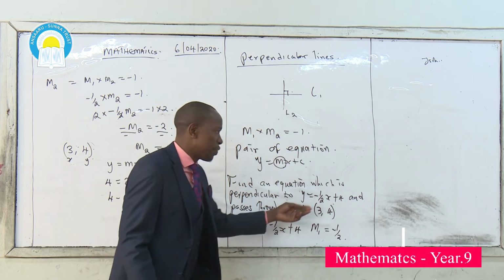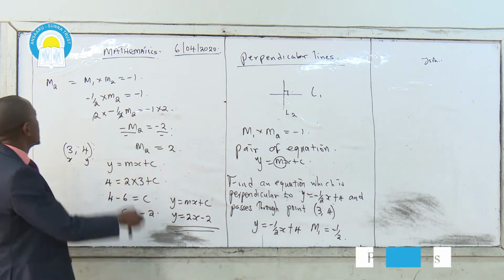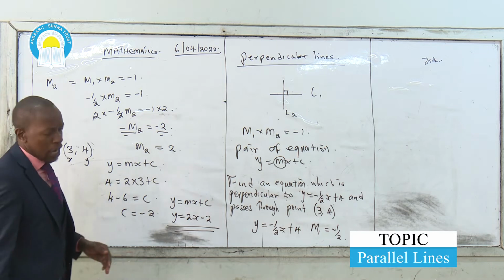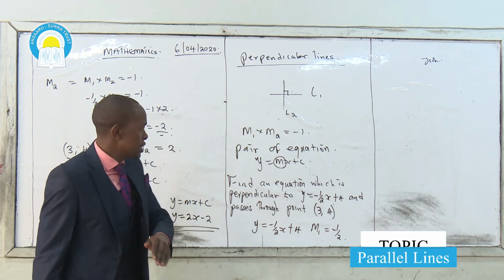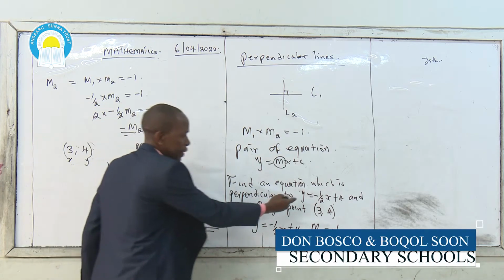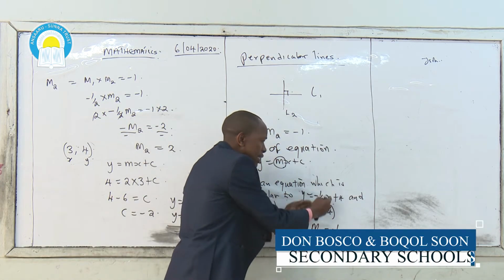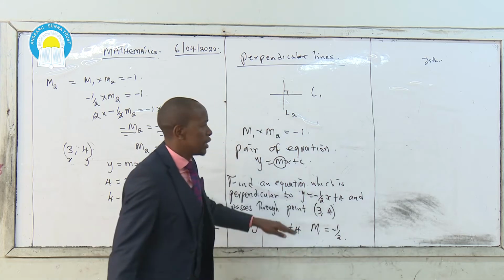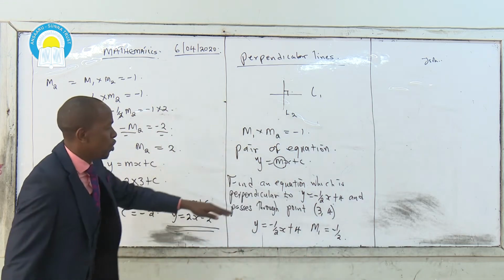Now, the most important thing here is how to find the M2. I never talked about the reciprocal of line 1. If you have the gradient of line 1, then find the reciprocal of that gradient.